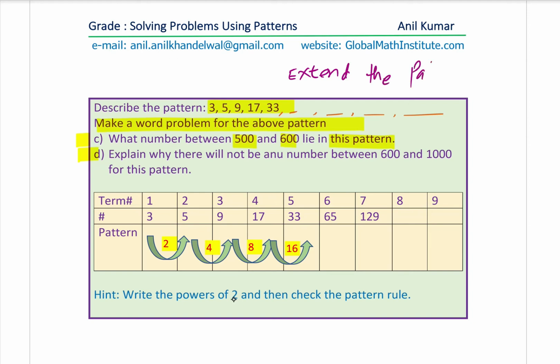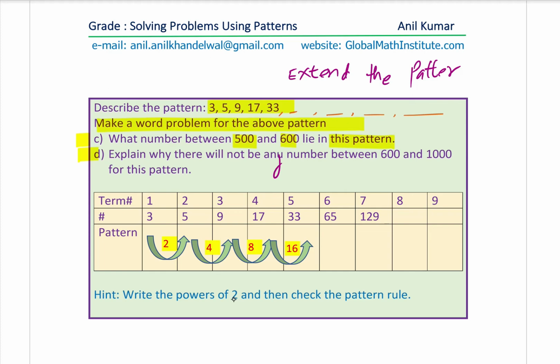How will you extend the pattern? Think about it. Now the second question is, explain why there will not be any number between 600 and 1000 for this particular pattern. It is jumping many numbers in between. It jumps from 500 to more than 1000. Do you see that? Okay, so let's see how the pattern grows.